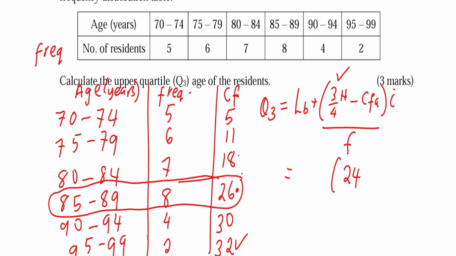So 24 minus the cumulative frequency above, which is minus 18, multiplied by the class interval. And how do you get the class interval? Either take the last numbers, 89 minus 84, or you take the upper boundary minus the lower boundary. In this case, the upper boundary can be, let me just write here, 89.5 for this one.